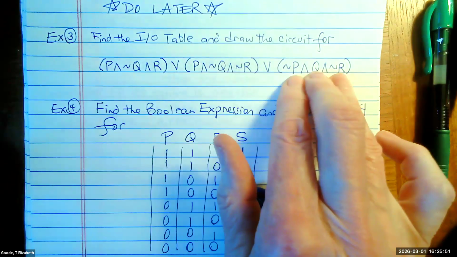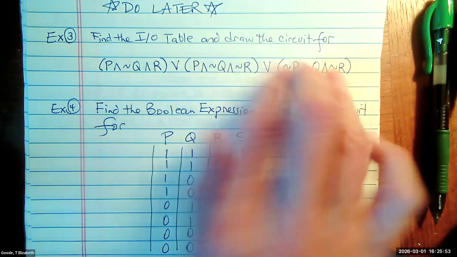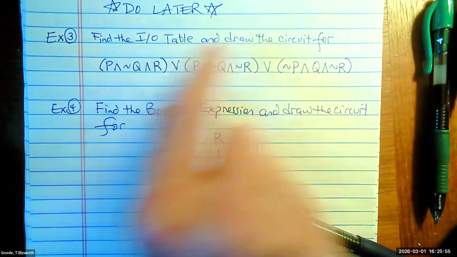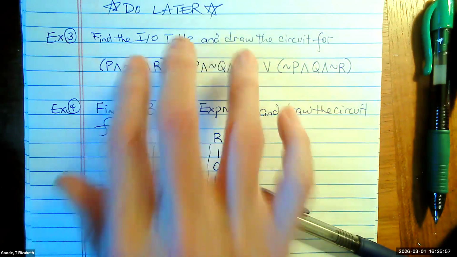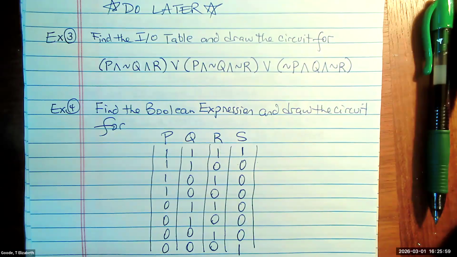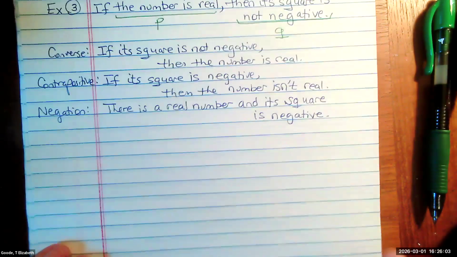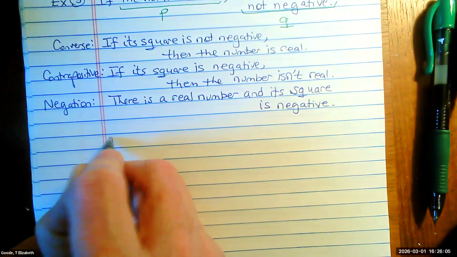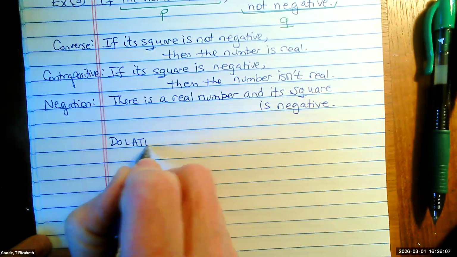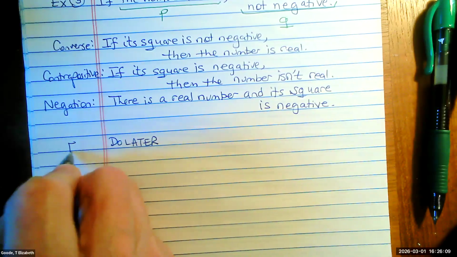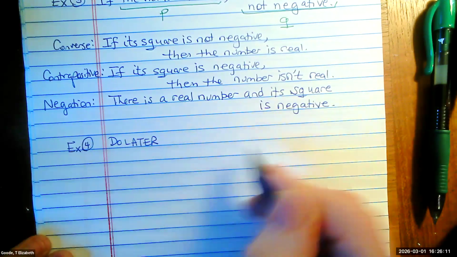From this Boolean expression, we should be able to directly find the I/O table and draw the circuit. So why don't we start with that? This was a do-later. We'll call this example 4.